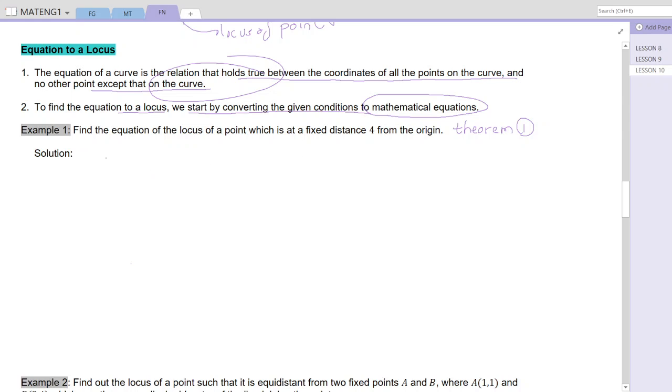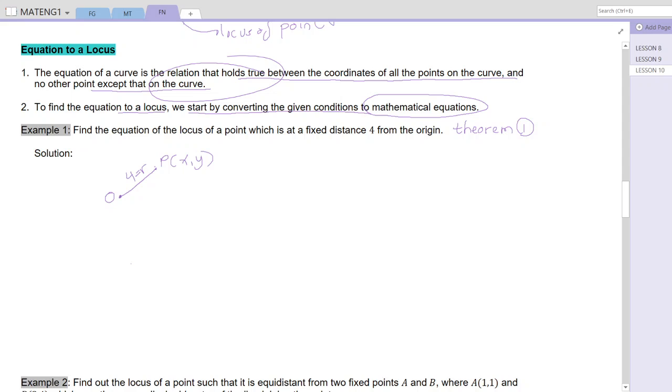So if the given is at the origin, let's say that is at point O. So if we're going to draw there, it says the fixed distance from the origin, so that is automatically the radius, or the hypotenuse of a right triangle, of course. So that is at point P, at x and y, where x is the abscissa and y is the ordinate.